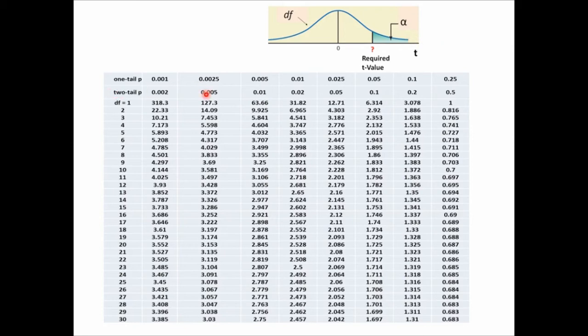Now the second row here represents double the area to the right tail. So if this is 0.001, this will be 0.002. If this is 0.0025, this will be 0.005, and so on. Meaning, if we have a double-sided risk in this case.